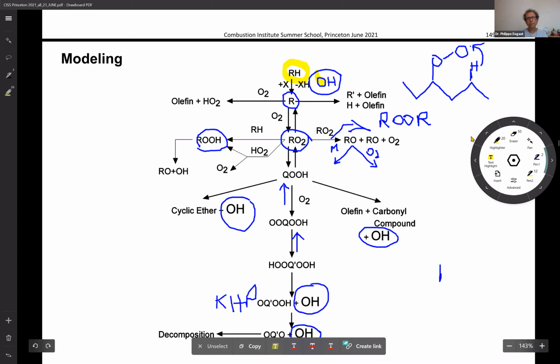So the relative importance of all these channels is varying depending on the structure of the R group here, depending on the temperature, depending on the initial concentration. So it's a bit more complicated than it could seem from this scheme here.